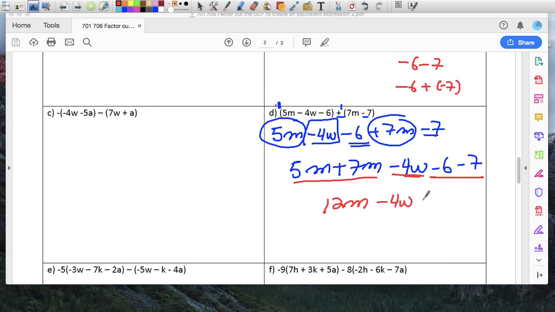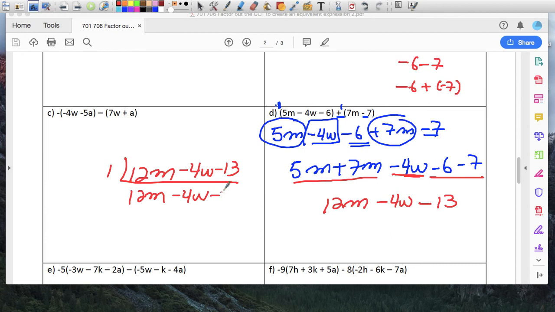Negative 6 plus negative 7 is negative 13. If I do the ladder method for this, actually, there's nothing in common, so it's just going to be 1. It's going to be 12m minus 4w minus 13, and you can put that like this if you like.